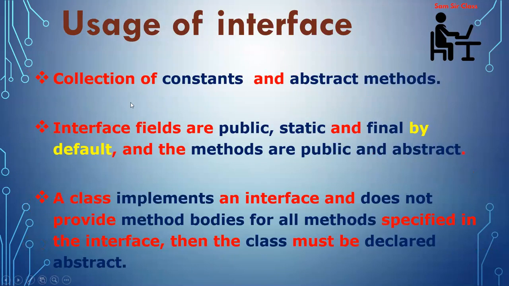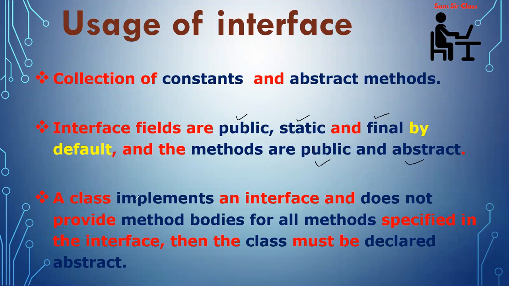Done. Now what is the usage of interface? It is a collection of constants and abstract methods. We have seen through the example that interface variables are by default public, static, and final, and the methods are public and abstract. If you are not mentioning it also, this is by default treated as public, static, final, and the methods as public, abstract.